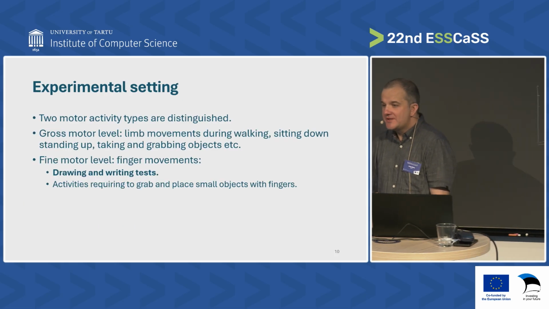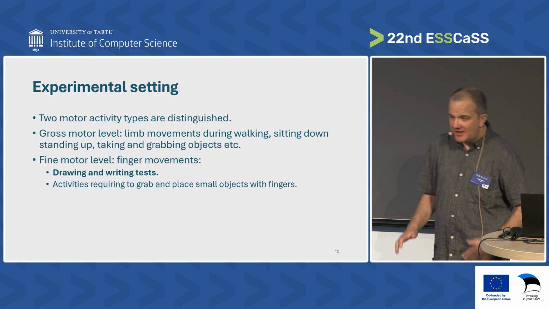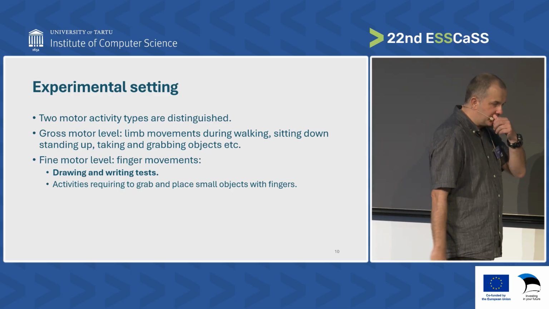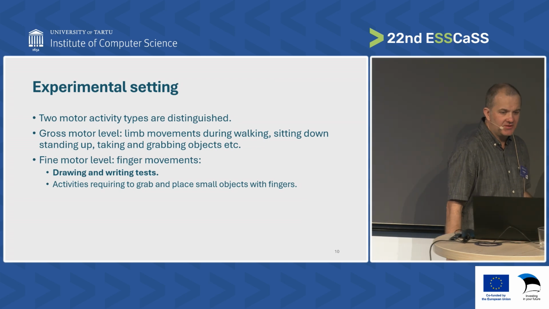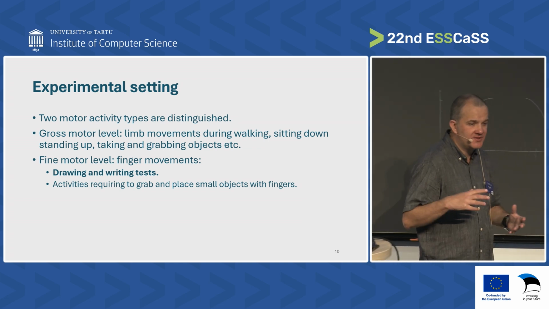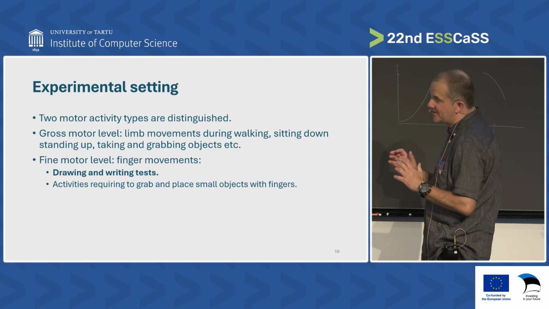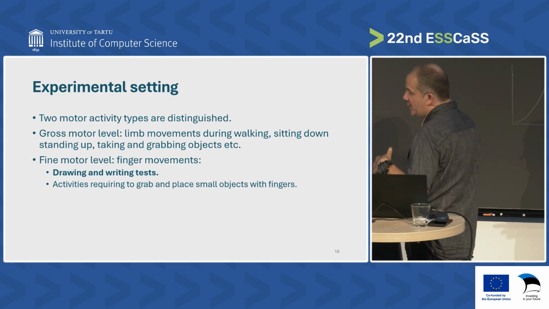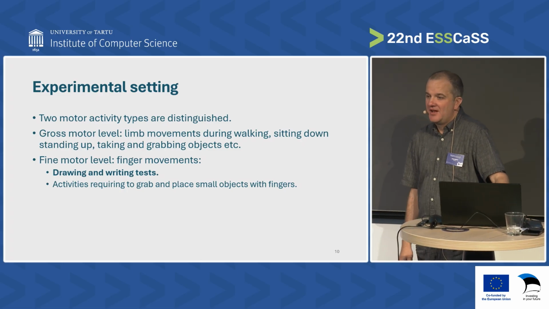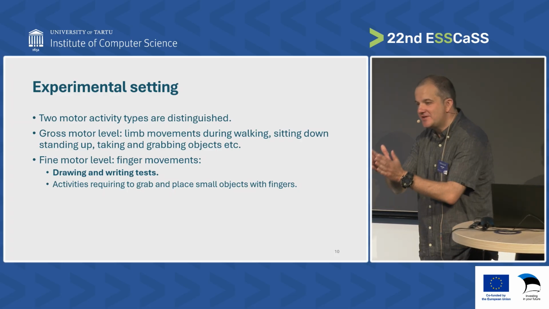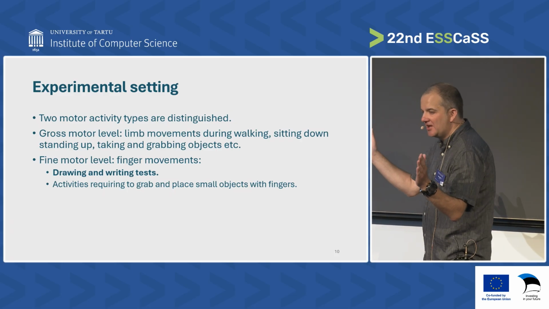So, what is our experimental setting here? I would like to remind you that when we talk about motor activities, we have the gross motor level, where we address limb movements during walking, sitting down, standing up, etc. But this is another part. We achieved certain progress, but then we switched to fine motor. In fine motor, we also distinguish two parts.